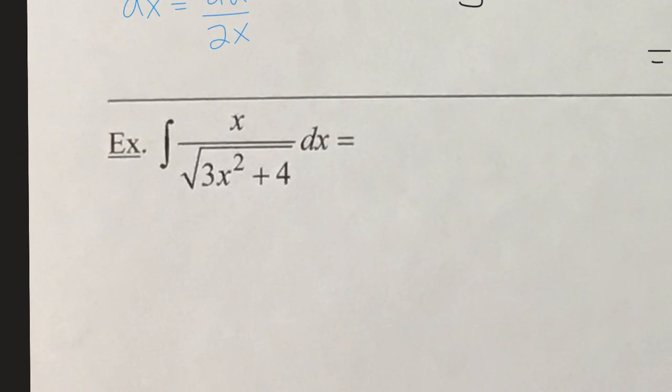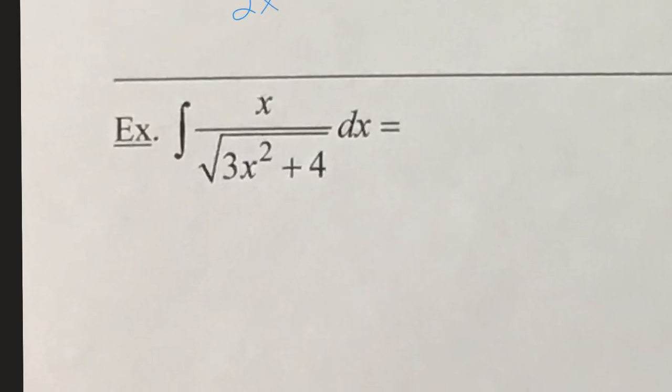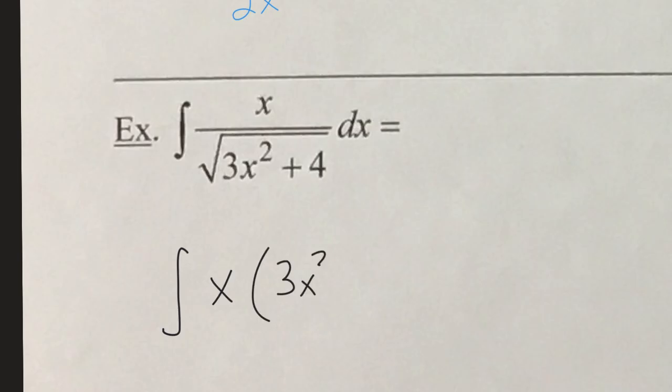Okay, one more time. Here we have a square root, and it's in a denominator, so even better. That means we're not going to have the 1/2 power, we're going to have the negative 1/2 power.